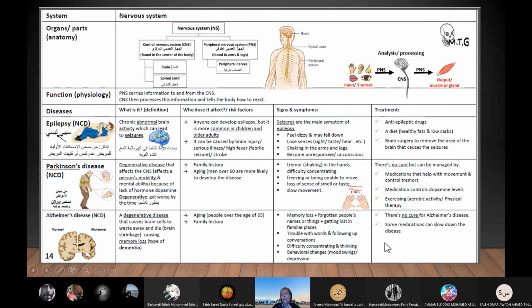Some medications can slow down the progress, but again, it affects many people who are aging, just like Parkinson's. So most people over the age of 60, but for Parkinson's, mostly men are affected. And for Alzheimer's, it's anyone over the age of 65. Again, to do with your family history.